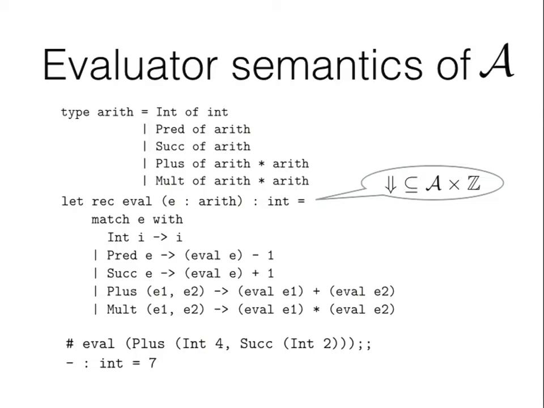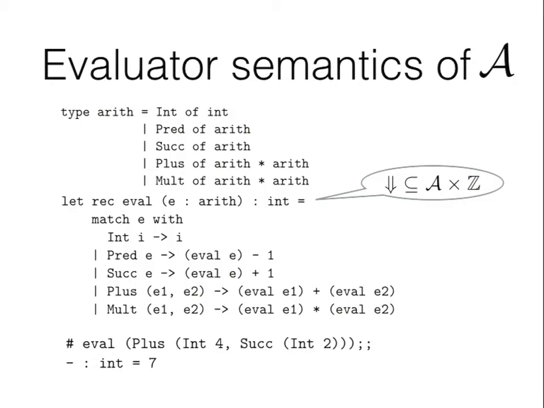We can also talk about the evaluator semantics, and the idea behind an evaluator semantics is you write an interpreter in another programming language. Here I'm writing an interpreter in OCaml for my language. So I've got a data type for representing expressions, and then a function here that takes in an arithmetic expression and gives you back an integer.